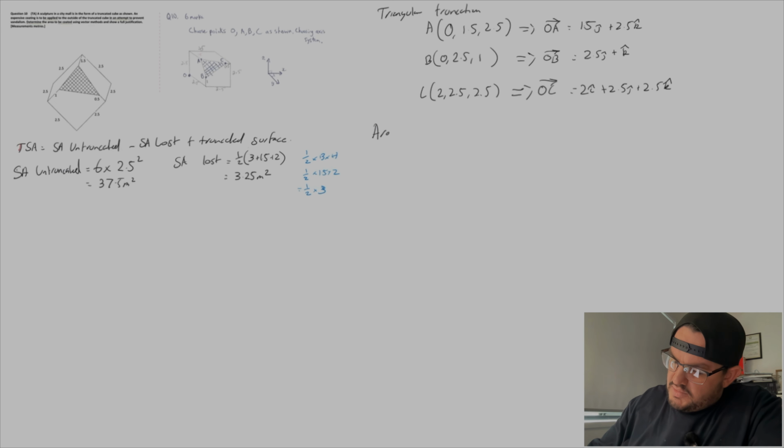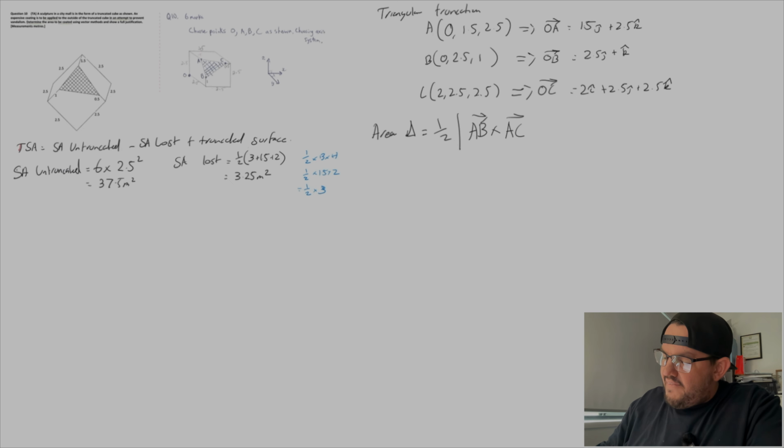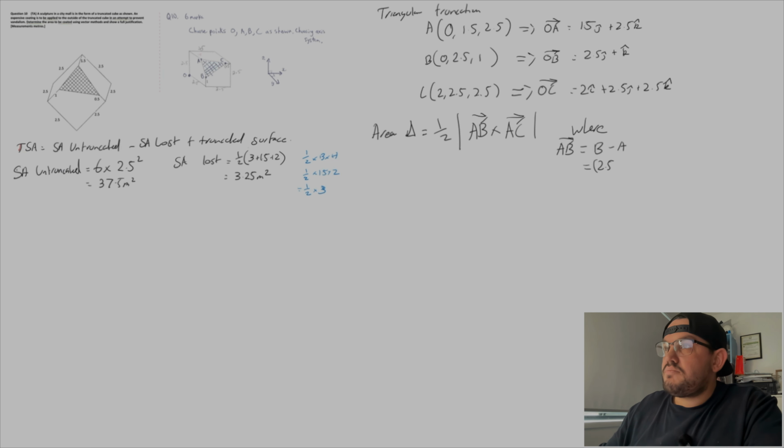The area of the triangle is going to be equal to a half times the magnitude of AB cross multiplied with AC, where AB is going to be equal to B minus A, which is going to be 2.5j plus k minus 1.5j plus 2.5k.